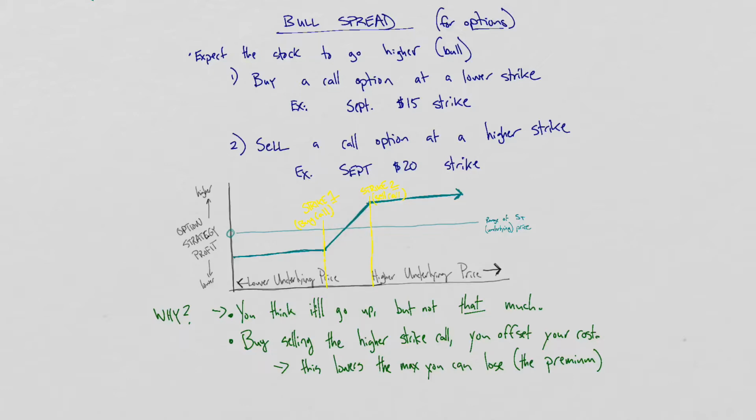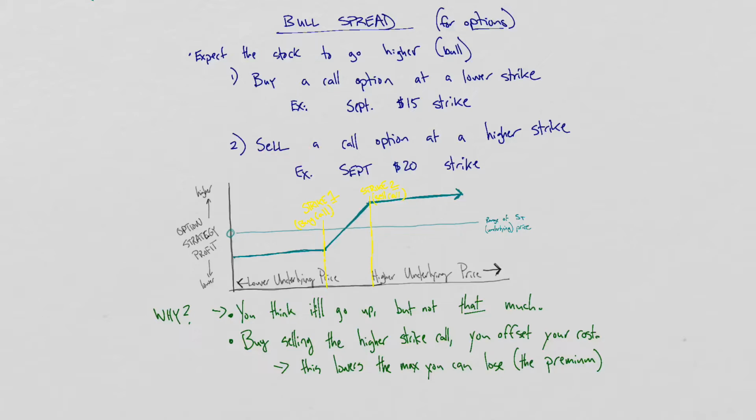And why would you do that? The main reason is that, when you're selling the higher strike call, this $20 strike here, you can offset some of your cost of the original purchase of the call at the $15 strike. Recall, if you will, that with a call option, if you're buying it, you have to pay a premium. And then if you're selling a call option, you're going to receive a premium.